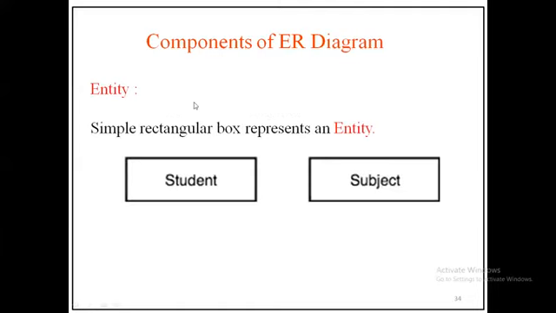The first component in an ER diagram is entity. An entity is a real-time object in the world. For example, student is one entity, subject is another entity, faculty is also an entity. University, hospital, doctor are entities. A simple rectangular box represents an entity.